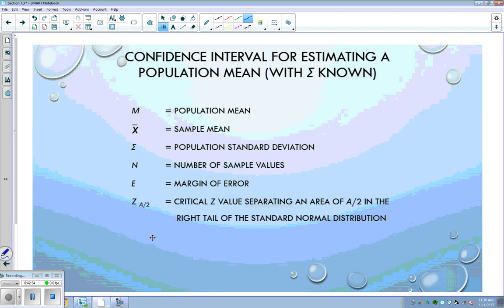There's nothing new there. Notice if I know sigma, I'm going to use Z. If I don't know sigma, I use T. Okay, that's how you tell them apart.